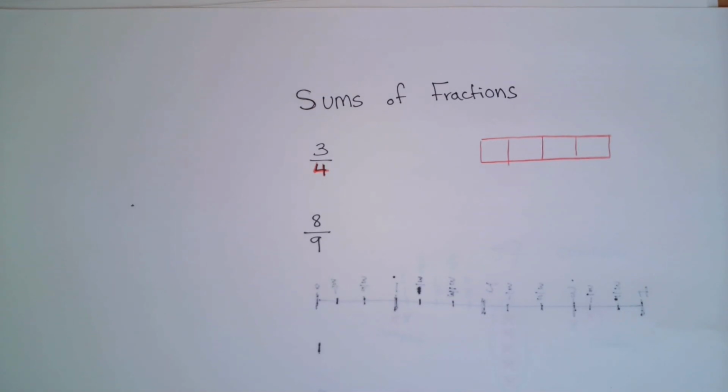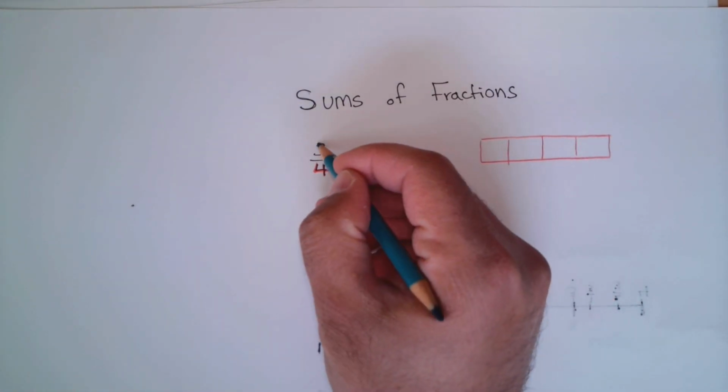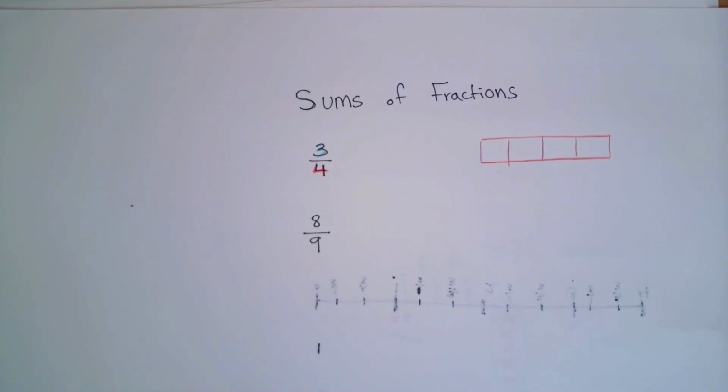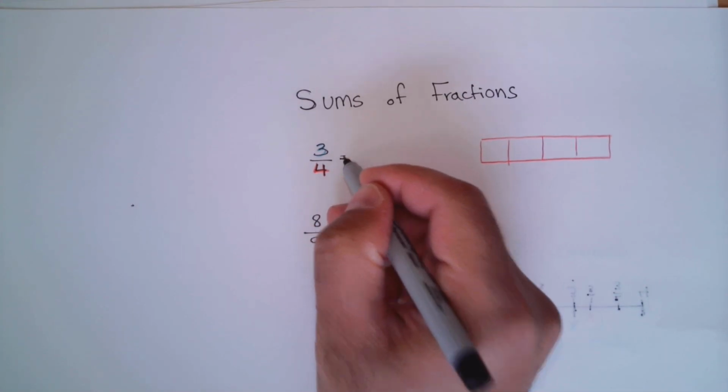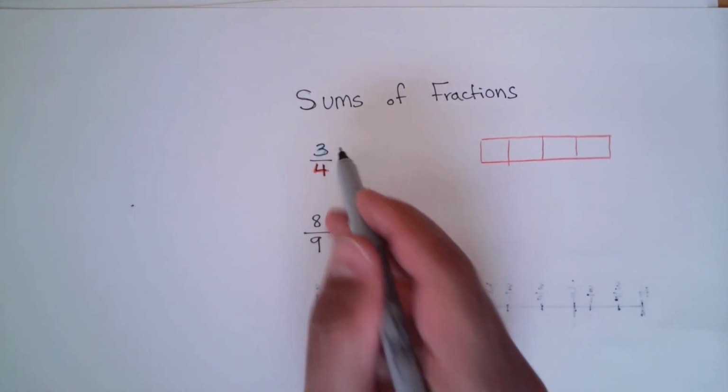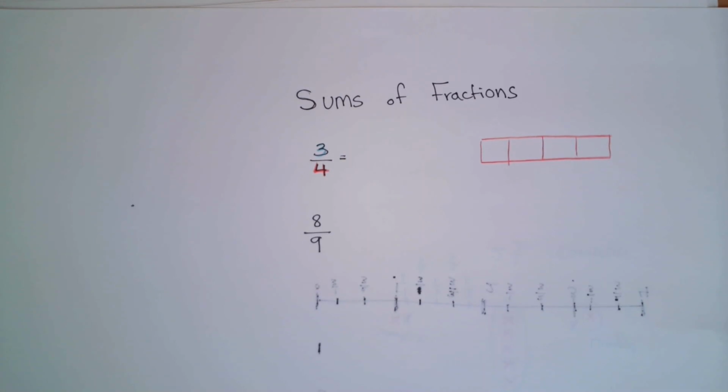Okay? Now, the numerator, that's the top number, tells us how many are available. So here we have only 3 out of 4. So the skill is, remember that you are looking at ways to make up 3/4.